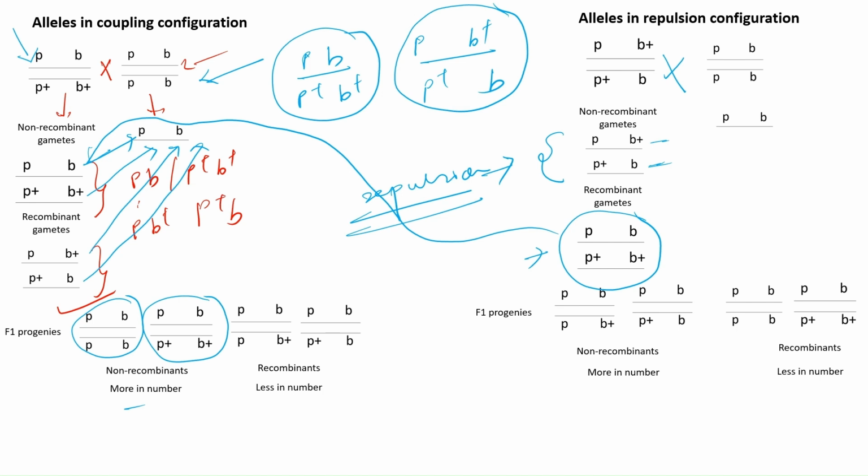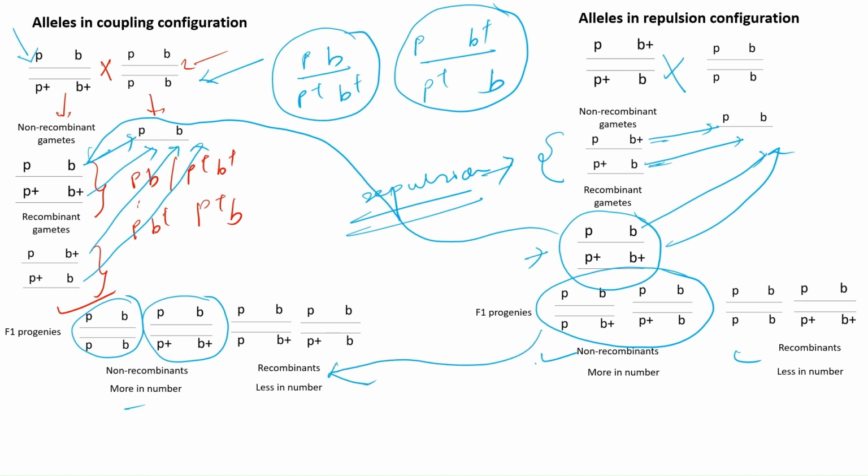Now for F1 progeny, again combine these gametes. Here also we will get more non-recombinants and fewer recombinants, but the non-recombinants here are similar to the recombinants in coupling.